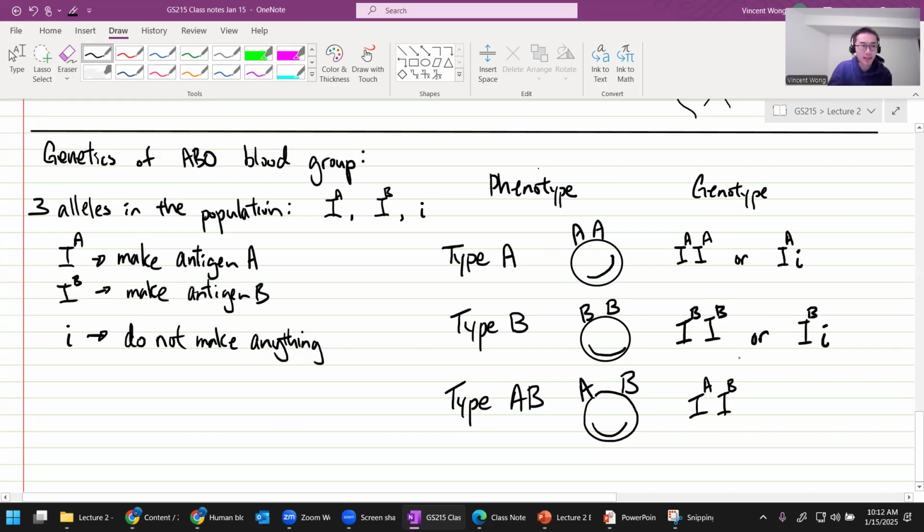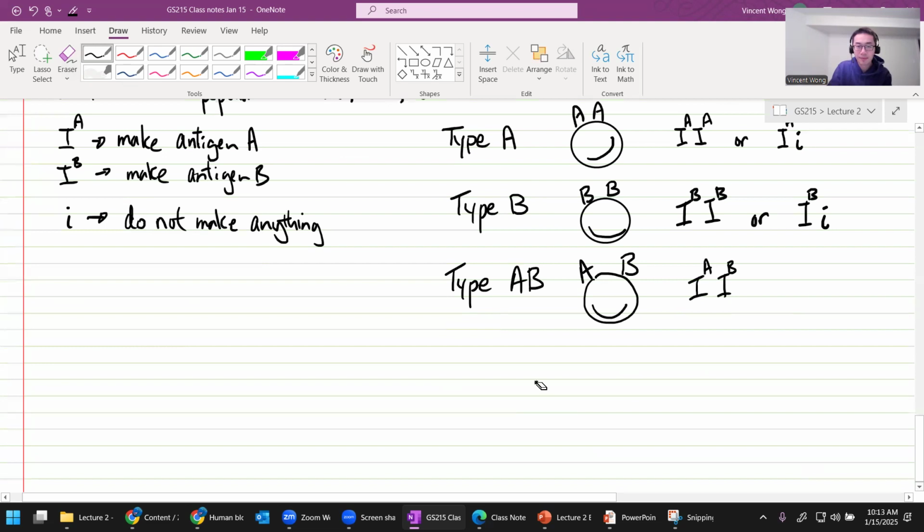There are no other ways. You need the moon cutters and you need the star cutters to make both kinds of cookies. And then type O. Type O means nothing. No A, no B. So how do you have nothing? Little i, little i. That's all.